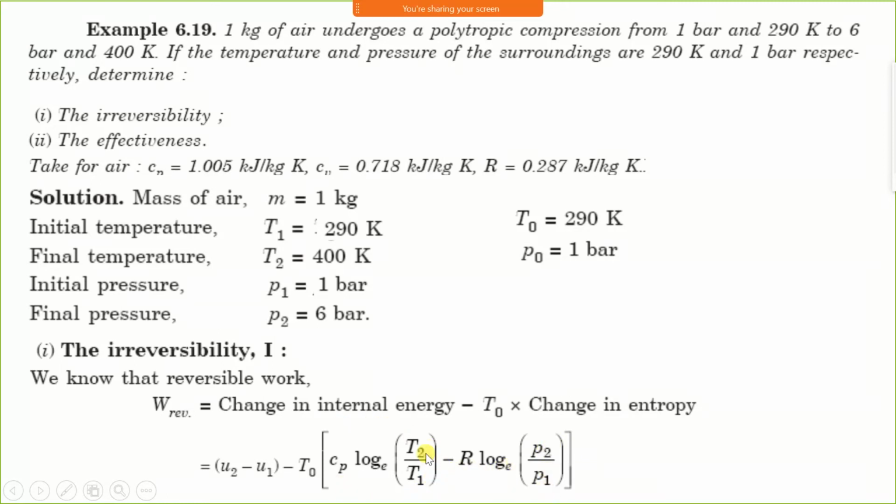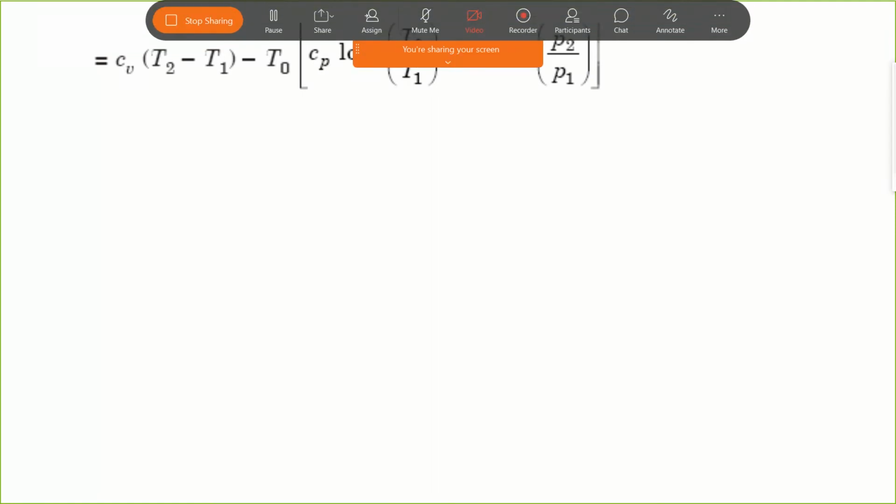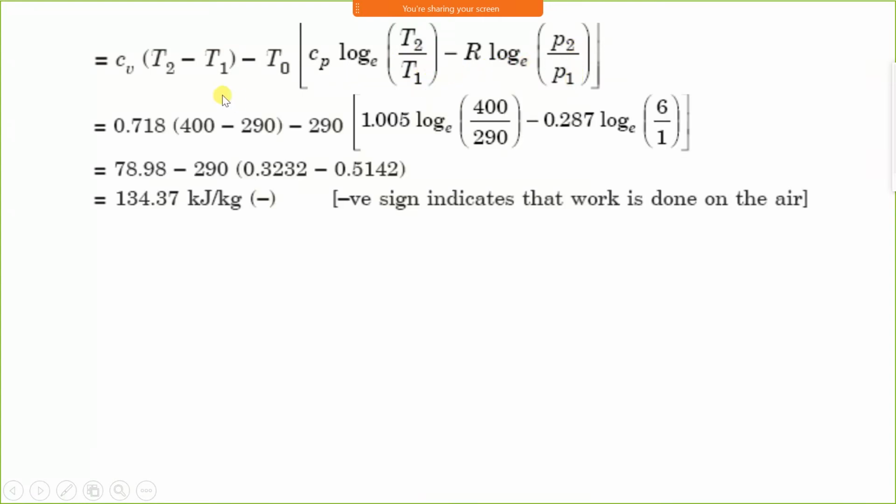Now change in internal energy, U2 minus U1, is Cv into T2 minus T1. So the reversible work is Cv T2 minus T1 minus T0 into Cp ln T2 by T1 minus R ln P2 by P1.